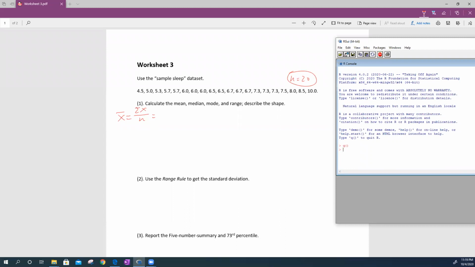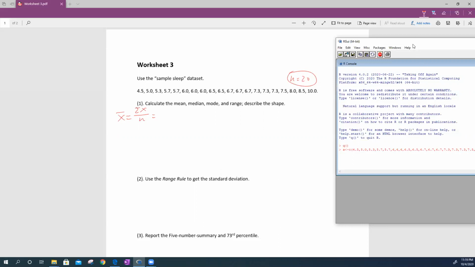So we have 4.5, 4.5, 5.0, 5.3, 5.7, 6, 6, 6, 6.5, 6.7, 7, then 7.3, and then the last one is 10.